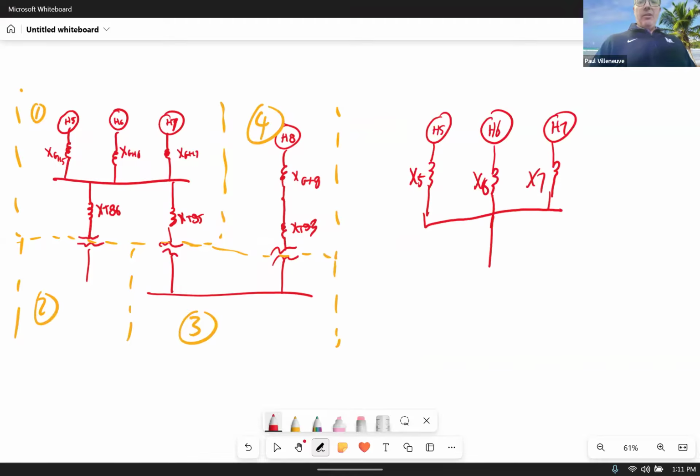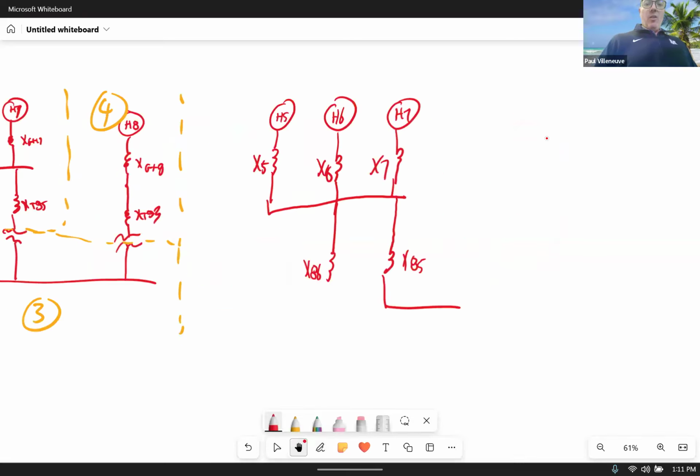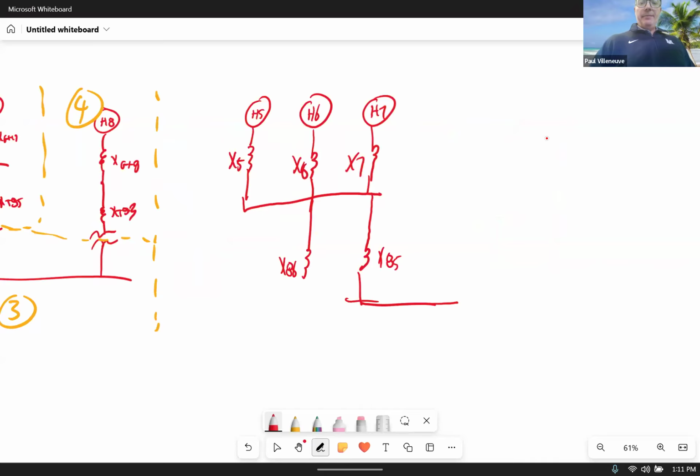Out of that bus, I go to X86, X85, over on the common bus, X83, X8, and H8. Okay. So now you know where your regions are. You know what the diagram needs to be.